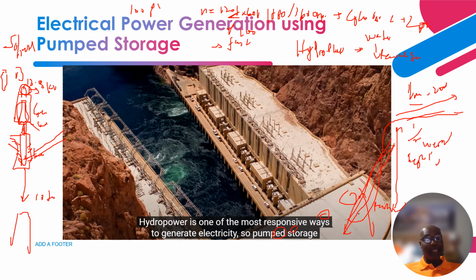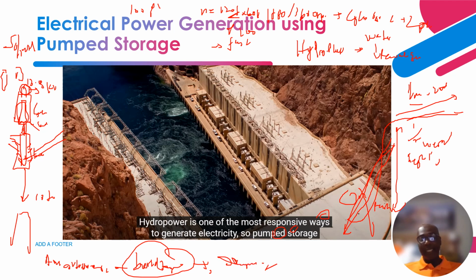And they call them amortisseur windings. This amortisseur winding is what helps the generator build the required torque, right? And also during fault conditions, it provides damping to dampen the fault transients.